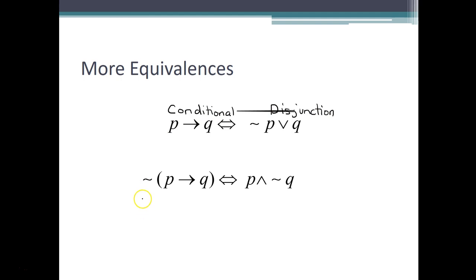Then you also have the negation of the same conditional statement, and it has a conjunction that's logically equivalent to it.